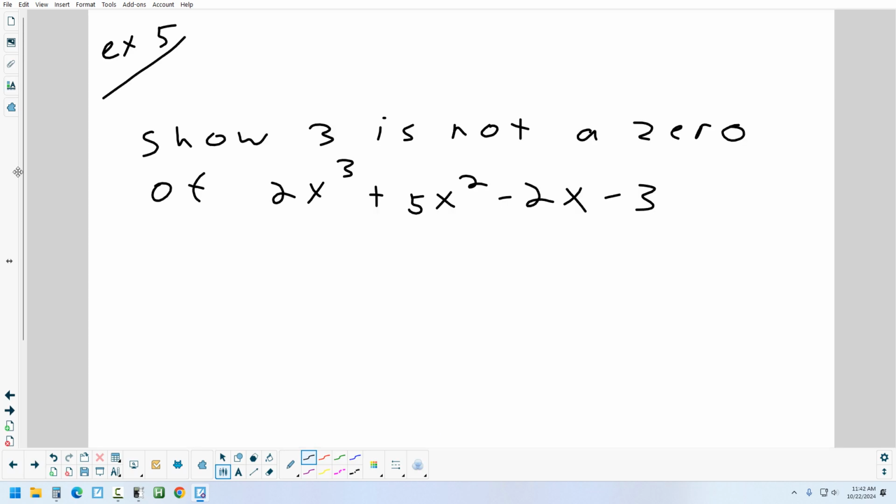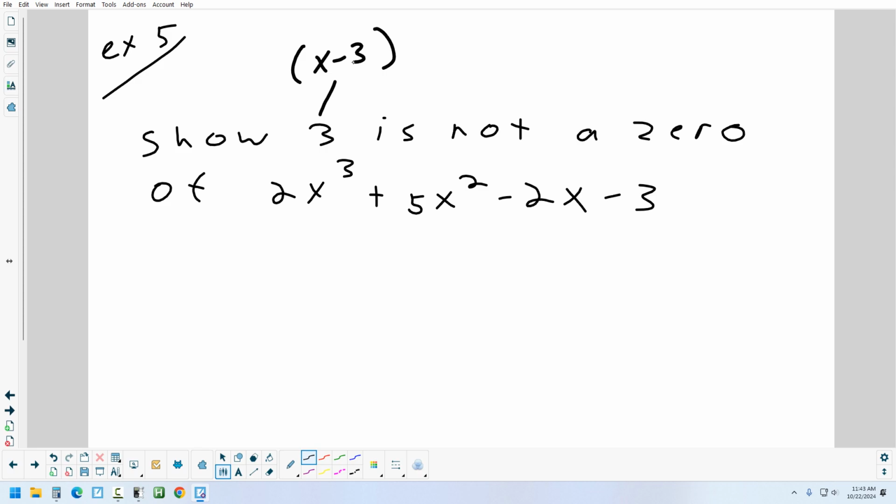I want to show that 3 is not a 0. So instead of doing that directly, I'm going to show that x minus 3 is not a factor, which means the same thing.